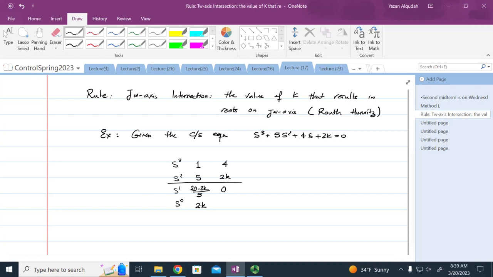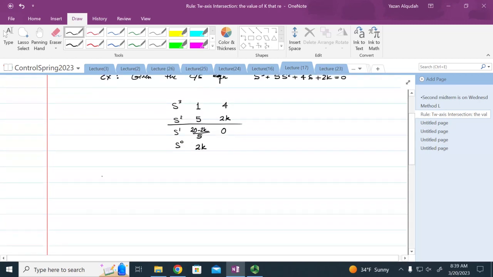How do I find the intersection with the j omega axis? I'm going to set k so that I have a row of zeros. In this case, the system will become marginally stable. This is going to happen when 20 minus 2k is equal to 0, and I'm going to have a row of zeros, ROZ.